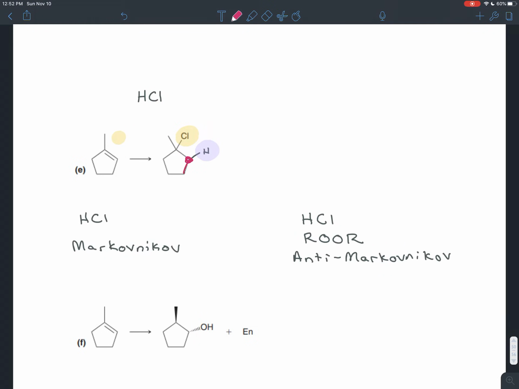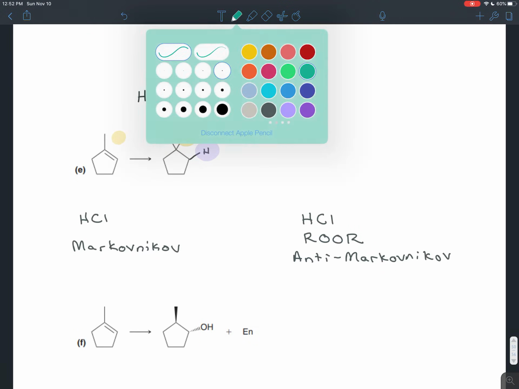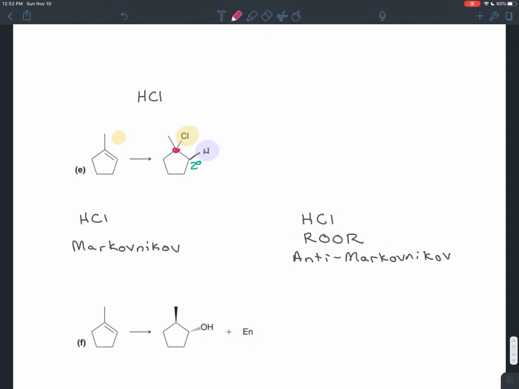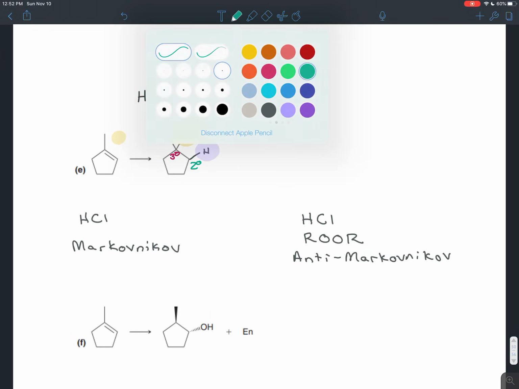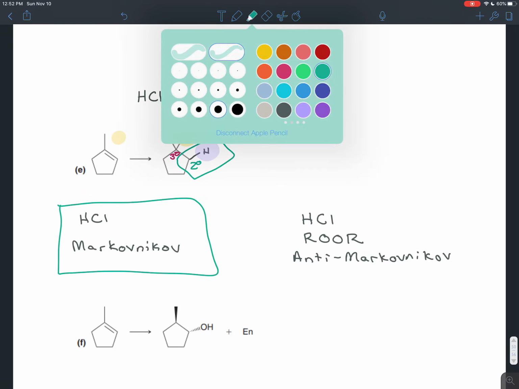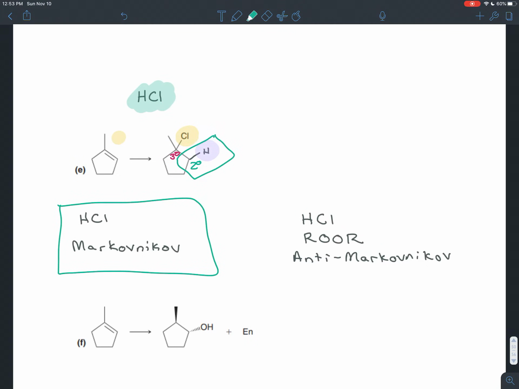The carbon that has the hydrogen on it is bonded to 2 other carbons. So that is secondary. The carbon that has the chlorine on it is bonded to 3 other carbons. So that is tertiary. The hydrogen added to the less substituted carbon. That is Markovnikov addition, and that means we would not add a peroxide. The final recipe that we would need to add is just HCl.